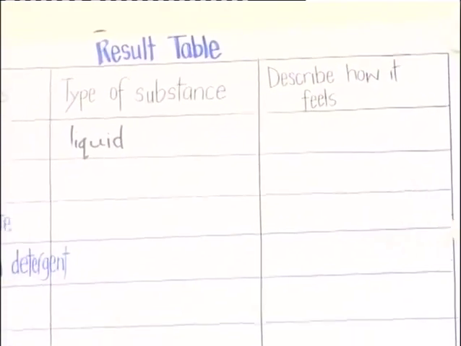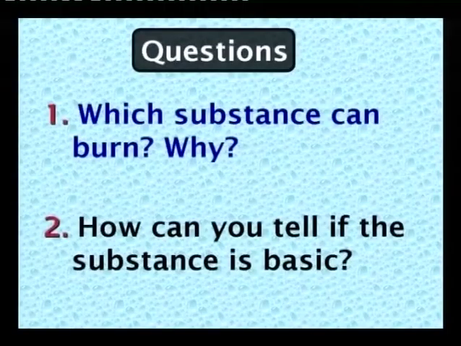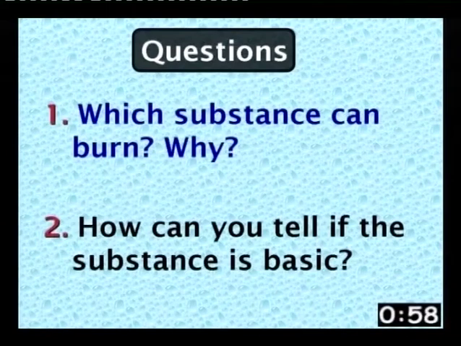Now, there are two questions that I also want you to copy into your exercise books. There are two questions for you, 1 minute to copy that, receiving students and model class. Which substance can burn, why, and how can you tell if that substance is basic?